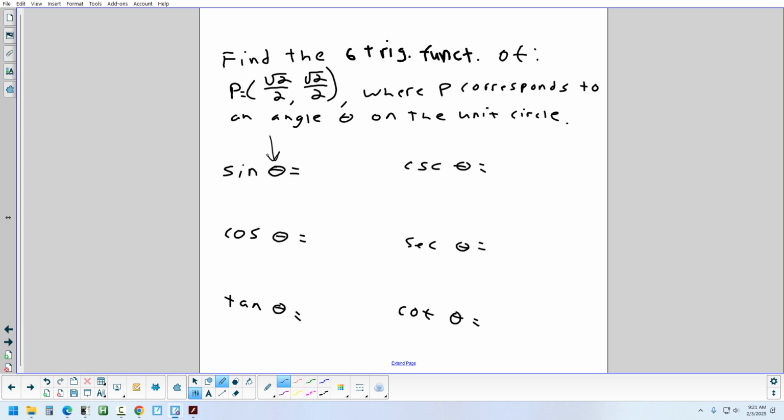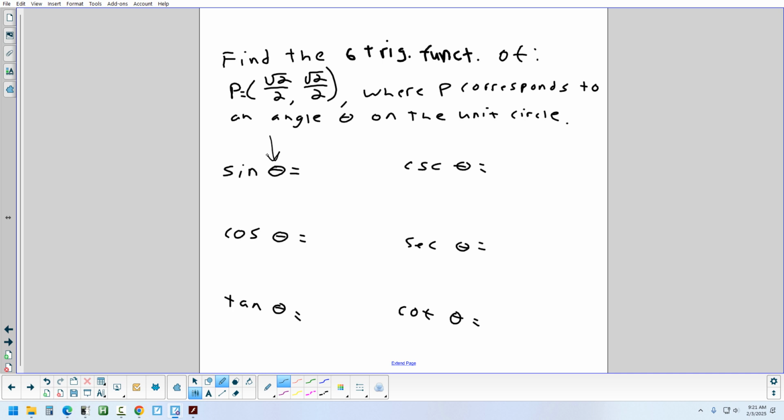Like we wrote down on the other page, which says sine equals. We wrote down all 6 of them. No, it's a letter.